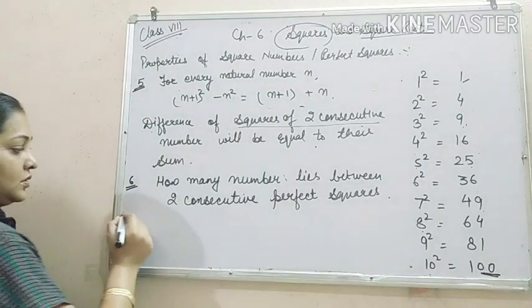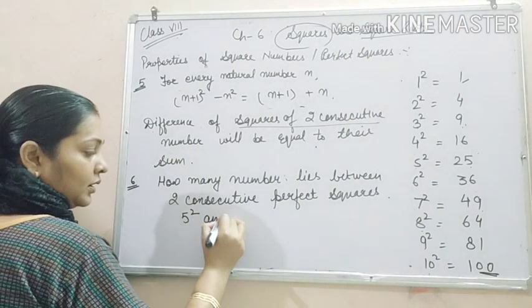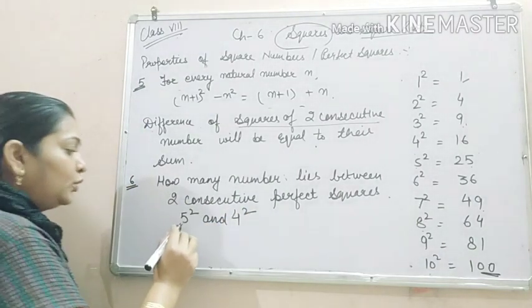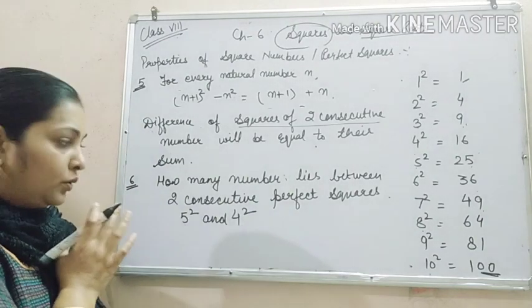Suppose I want to say 5 square and 4 square. I want to know how many numbers lie between these two numbers.